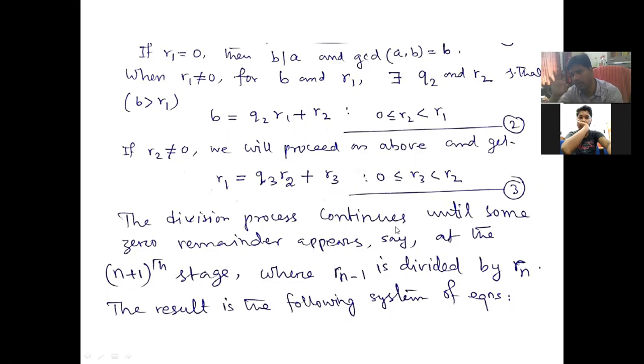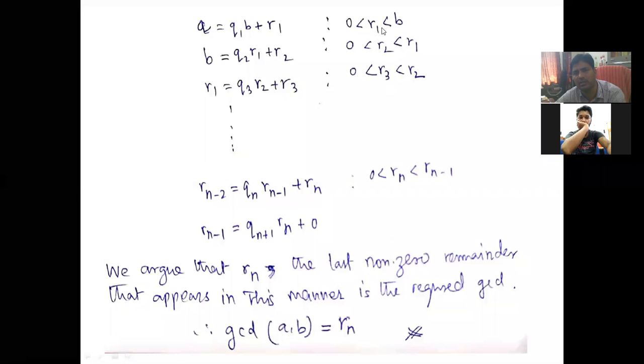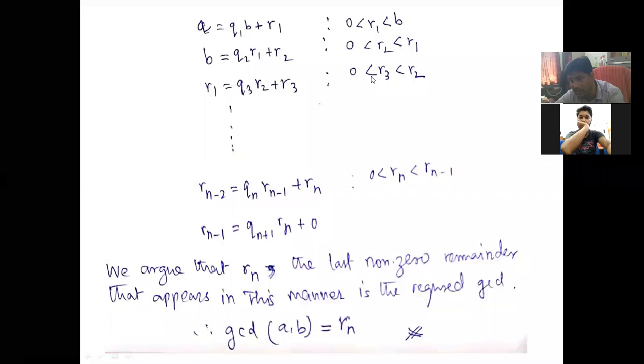So if you continue, then you will find this system of equations. A equal to Q1 B plus R1. Now remove the "less than" here, because you are not taking 0. If we take 0, the work is finished. If we take R1 equal to 0, then you will get B divides A and your GCD will be B. So you see here 0 strictly less than R2 strictly less than R1 does not hold; there is no possibility of 0 here.